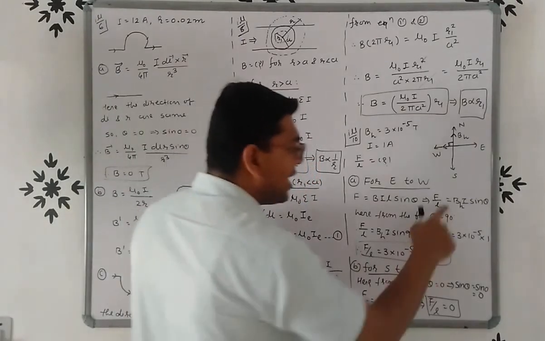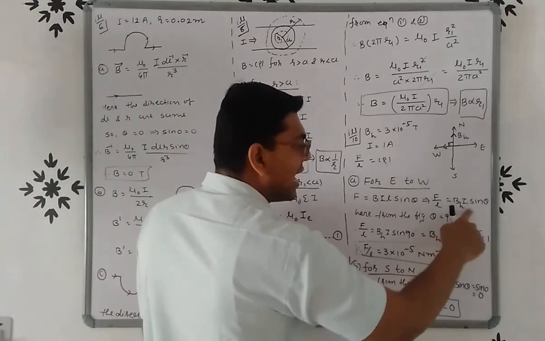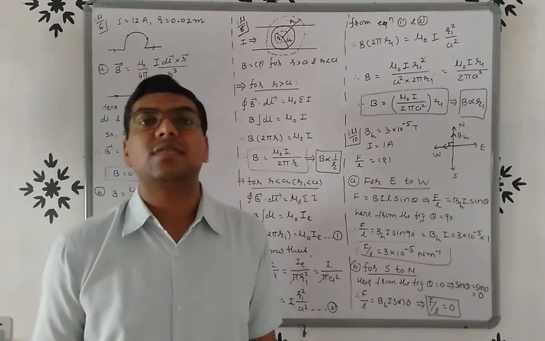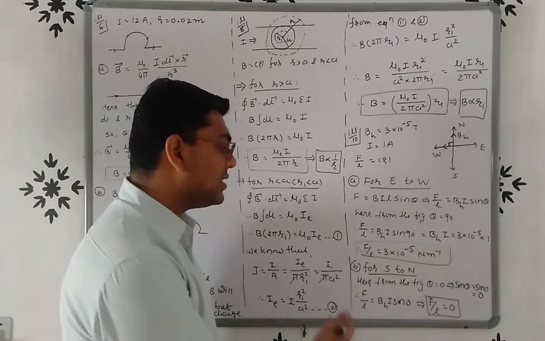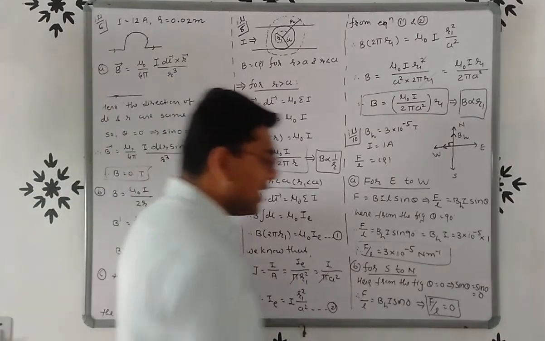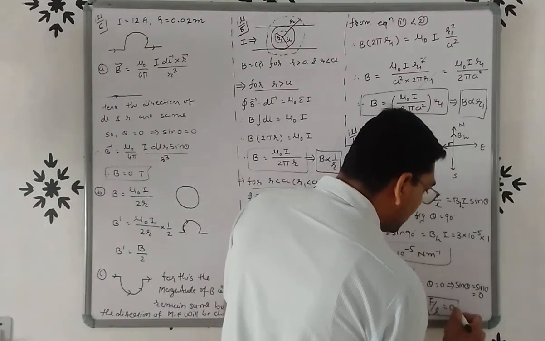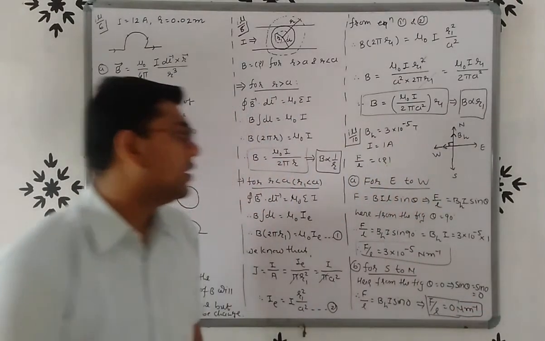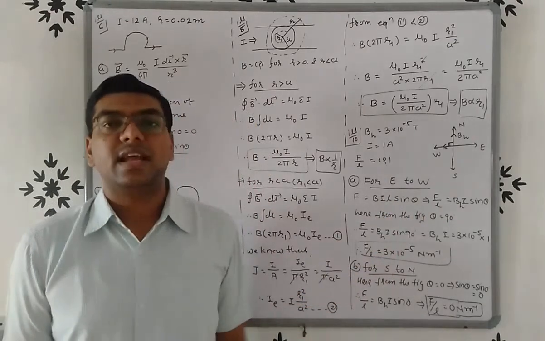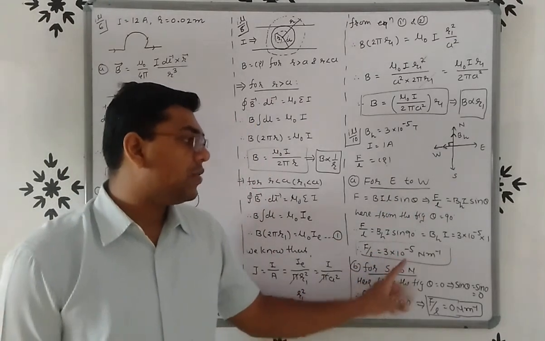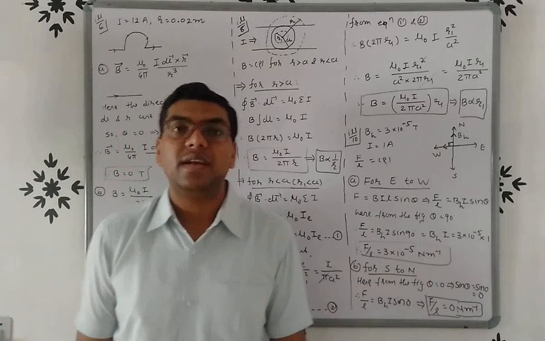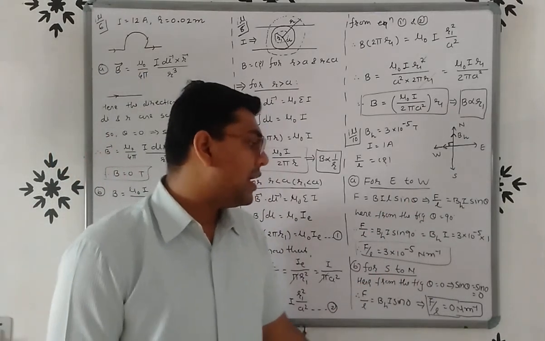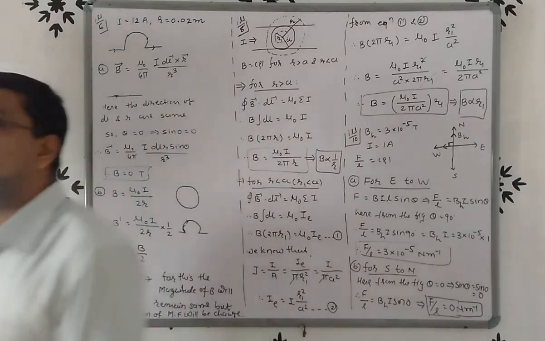So from the formula F by L is equal to BH I sin theta, we get force per unit length equal to 0 Newton per meter. So if the direction is east to west, then F by L is 3 into 10 raised to minus 5 Newton per meter. And if the direction is from south to north, then force per unit length will be 0.